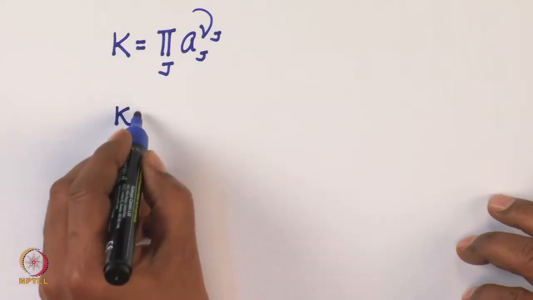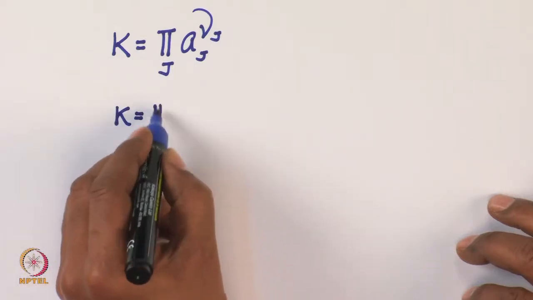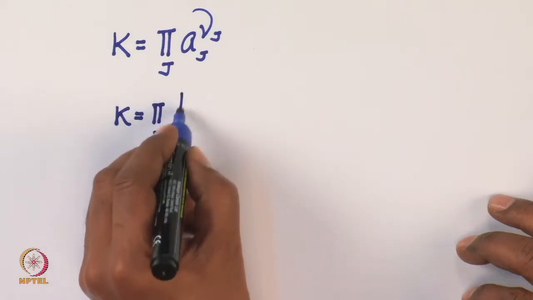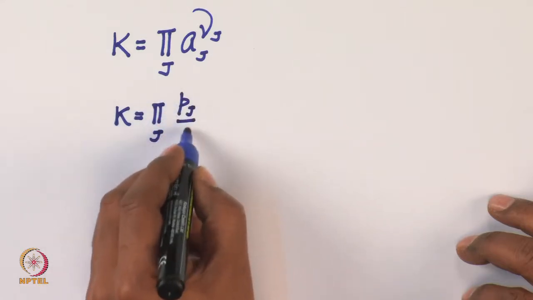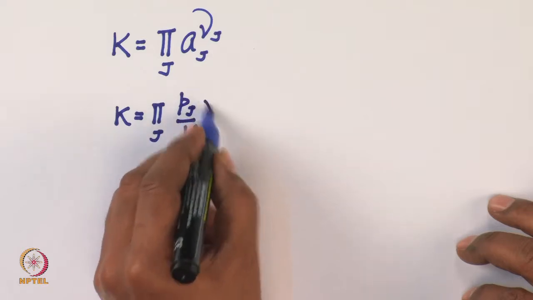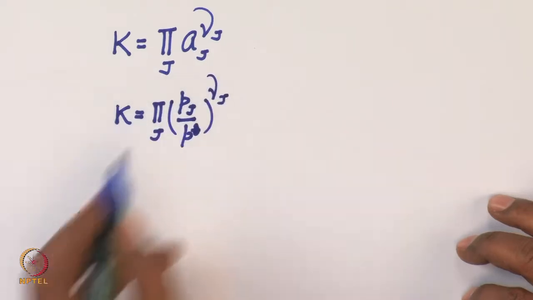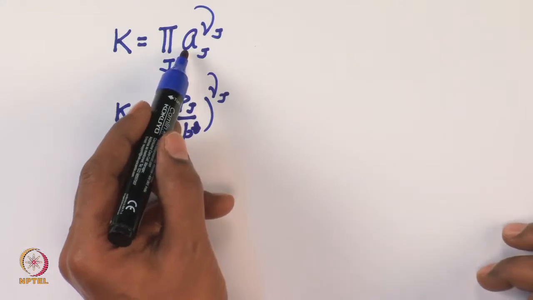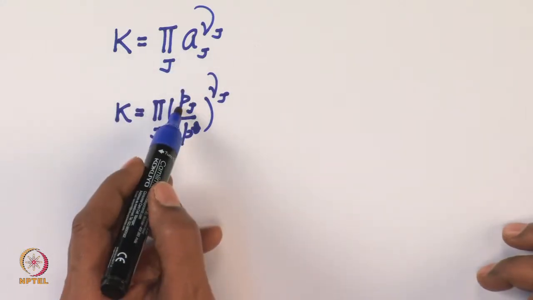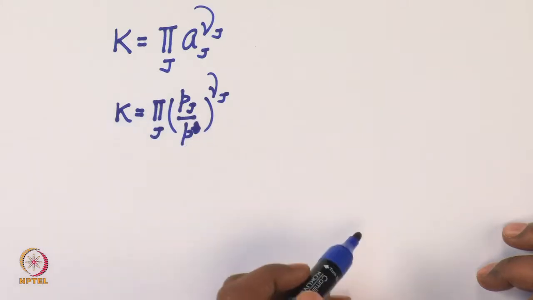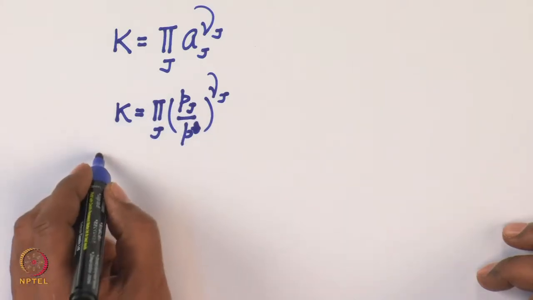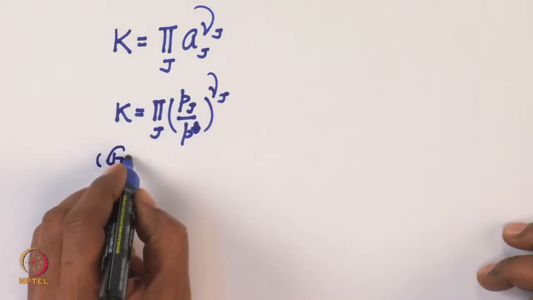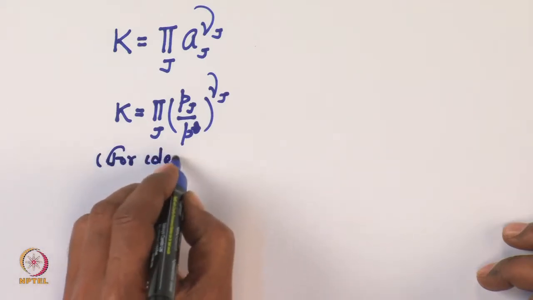And for perfect gases, I can write Pj by P naught raised to the power nu j, because we have discussed activity for a perfect gas can be replaced by P by P naught for ideal gas.